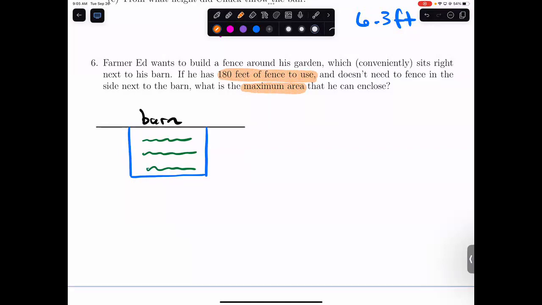That's the maximum area, right? But it's not. There's a restriction. He's got 180 feet of fence to use. And then there's the objective, the thing that we're trying to do, which is to optimize or maximize the area. So there's a condition or a constraint, and that's on the perimeter of the fence.